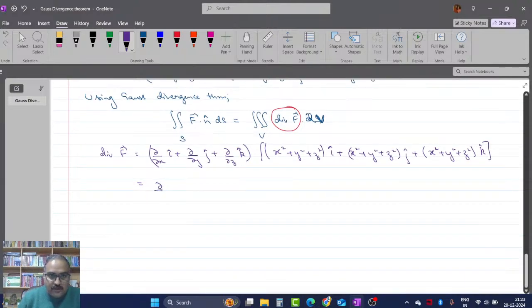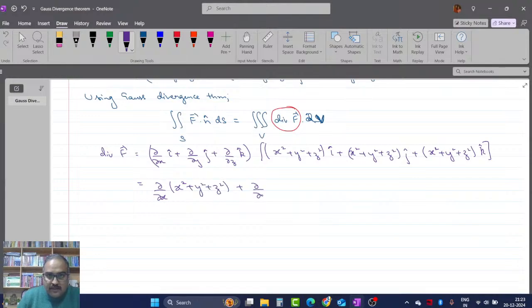So that comes to be del by del x of x square plus y square plus z square plus del by del y of x square plus y square plus z square plus del by del z of x square plus y square plus z square.